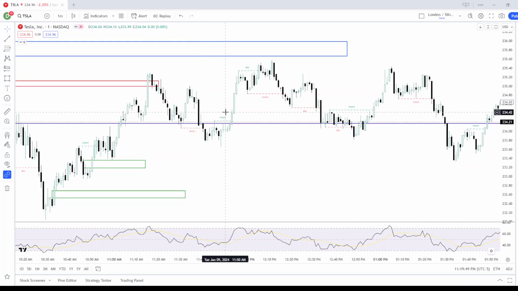So the rules on that would be that we are looking then to grab price back in a fair value gap. But what you see shortly after is that we see another change of character. So that would negate this trade here. We would not be looking to take this as it moved into this fair value gap because we saw a new bullish change of character.